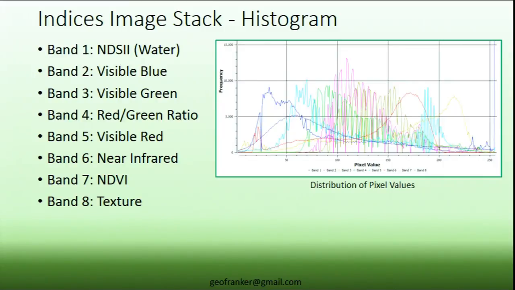And I like to look at the histogram because I don't have a pointer on me, but actually I do. Hey, look at that. So the blue is the distribution of pixel values from the water indices. This olive tan is the distribution of values from the NDVI.